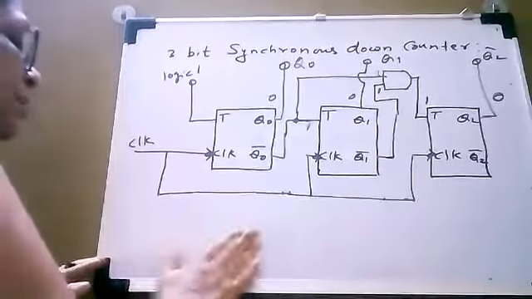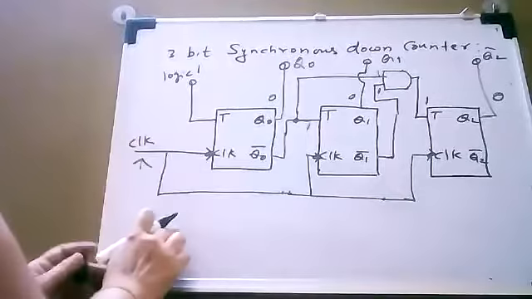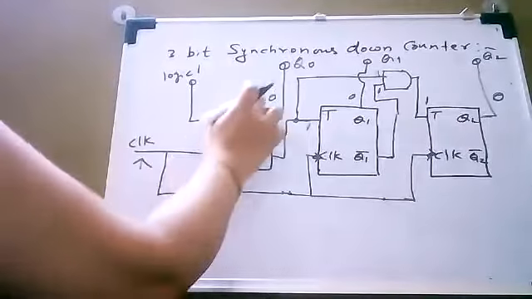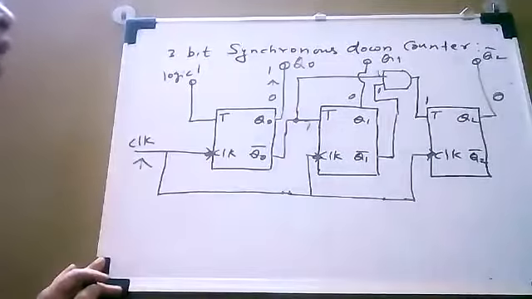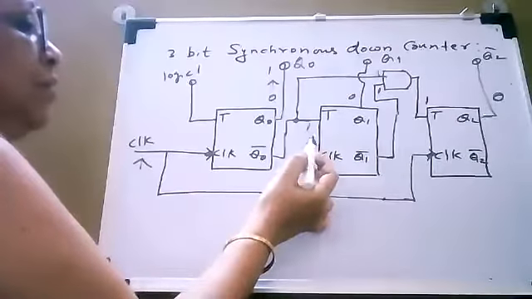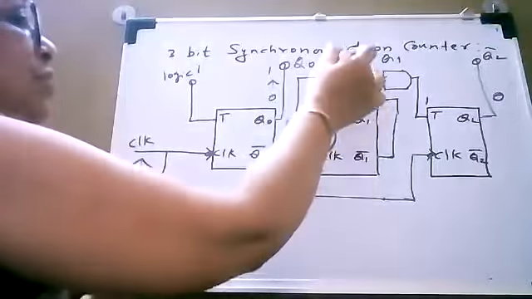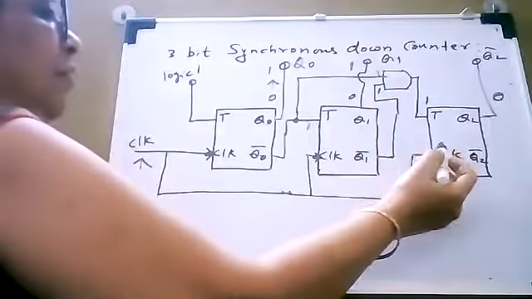Okay, so now let us apply the clock pulse. As we apply the clock pulse here, the first flip flop will be toggled and it is going to change the state from 0 to 1. Similarly, the input of the second flip flop is at logic 1. Clock is applied and therefore its output will change from 0 to 1.